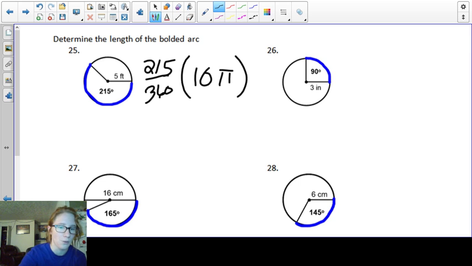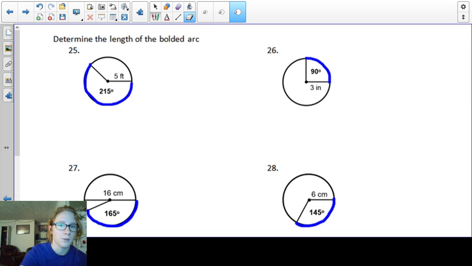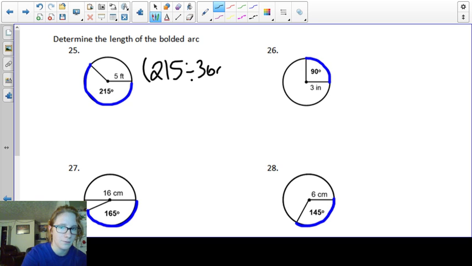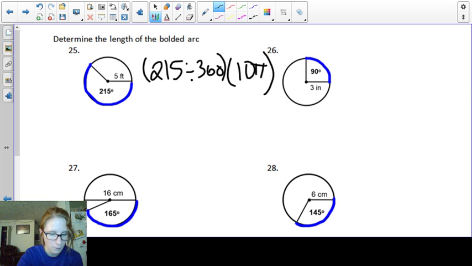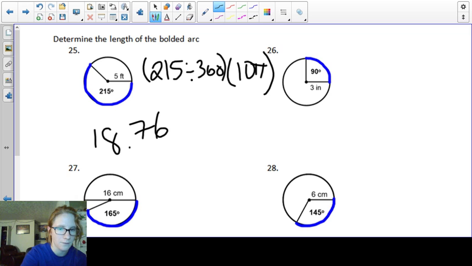So I'm going to plug that whole thing in the calculator. Remember to do that in the calculator. I'm going to rewrite it so you can see it in the calculator way. So it's going to be 215 divided by 360 times 10 pi, which gives me 18.76 feet.